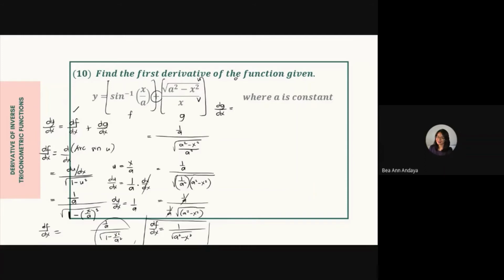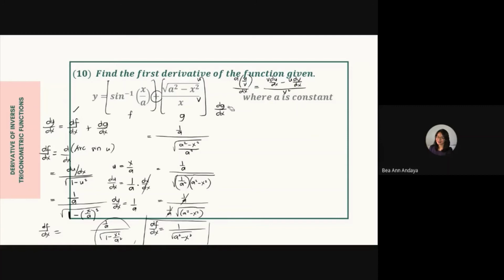According to the derivative of u divided by v with respect to x, kailangan nating kunin ang derivative ng u with respect to x, multiplying it to the v, minus the u, multiplying it to the derivative of v with respect to x. All of this will be divided by the v squared. So, i-apply natin yan dito sa function na ito.